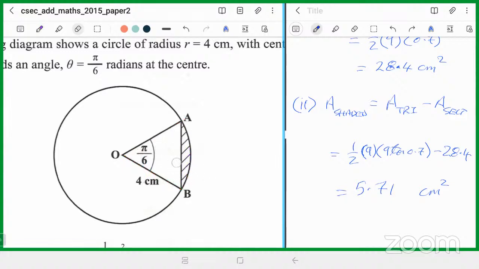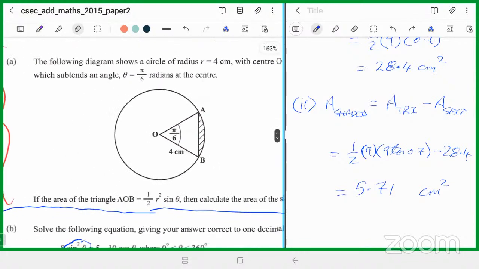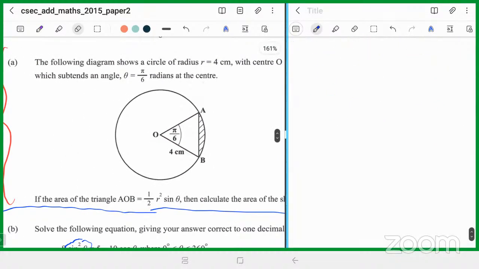All right, so it's a standard question, this one. So let's look at it. It's pretty straightforward. The area shaded, called a segment, is equal to the area of the sector minus the area of the sector triangle inside the sector.